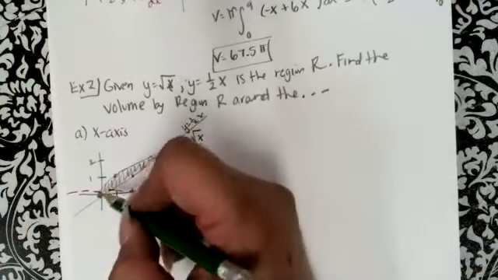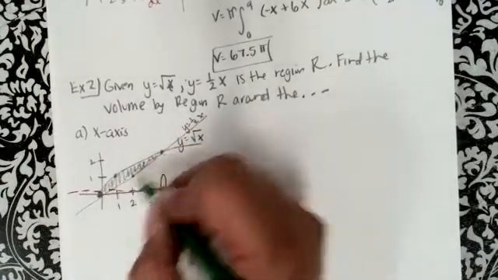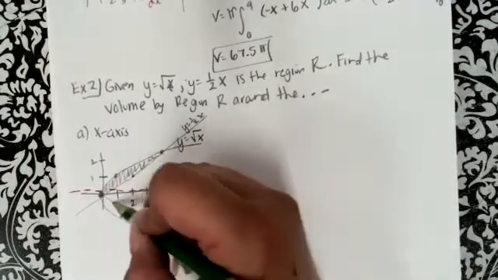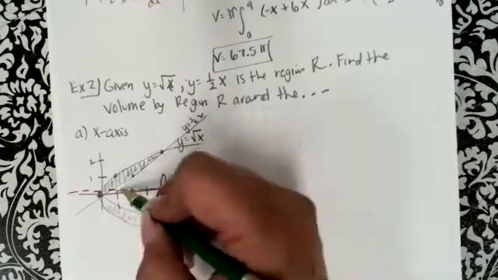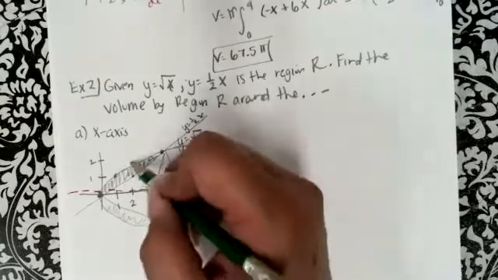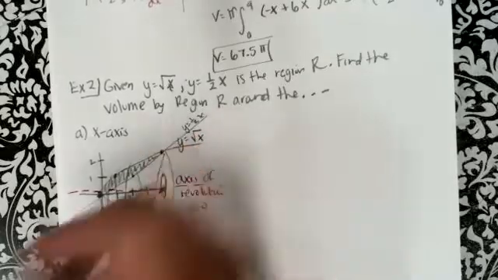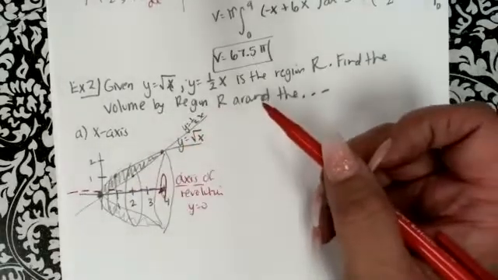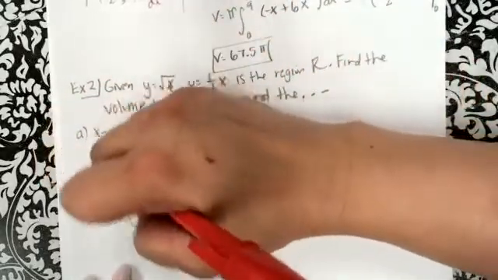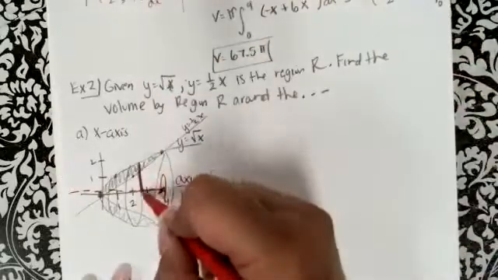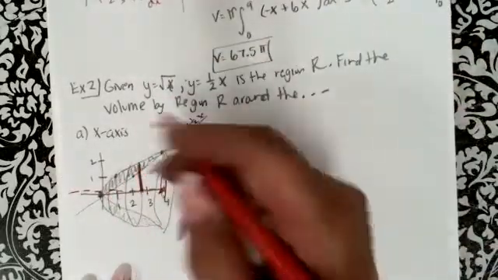So as you're rotating it, here's the curve, the straight line. This is what it's going to look like. You're going to have two radiuses here. This one is the big one. So the large one is going to be the square root of x.